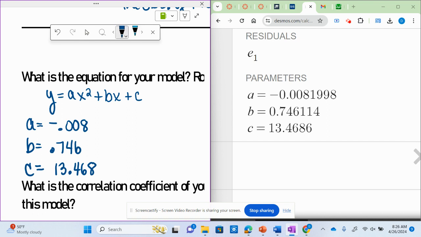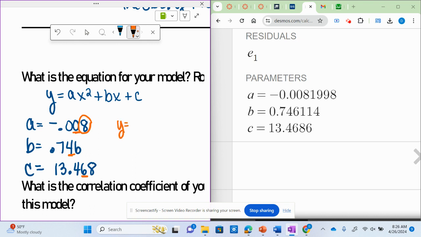So if I went to the nearest hundredth, how many decimals is that? I heard someone just say it quietly. Two decimals. So I'm going to underline the second decimal place in all of my numbers. So when I think about my a value, does this 8 tell me to round my a up or keep it the same? Okay, so let's start my equation.